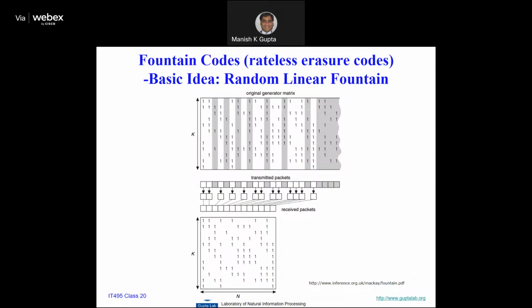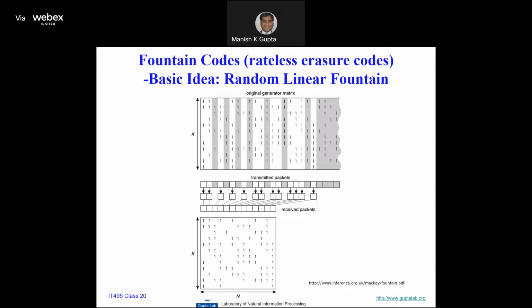Each column represents a combination: wherever there is a 1, I take the corresponding information packets and form the linear combination, and these columns are generated randomly. The shaded area represents the erasure. If those packets are erased, we are left with a matrix of size K by N.